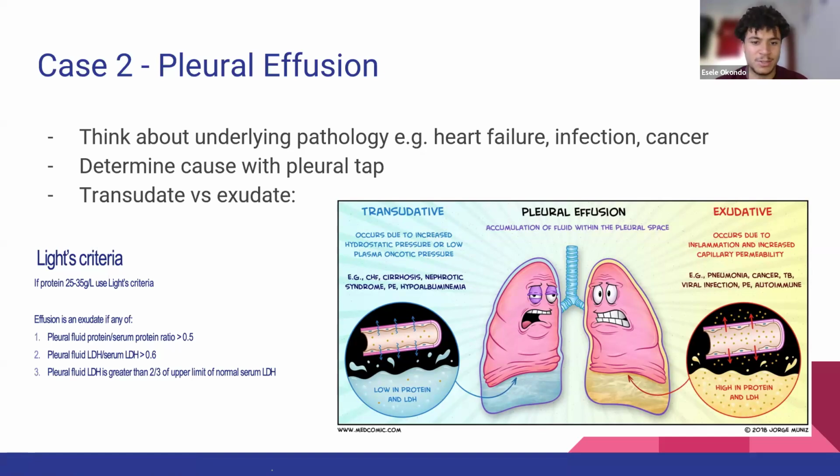You see this in nephrotic syndrome as well, where you're losing lots of protein from the blood. As compared to exudative, which occurs in inflammation, you have increased capillary permeability, and as a result, exudate exits into the pleural space. And Light's criteria can help you differentiate between those two.